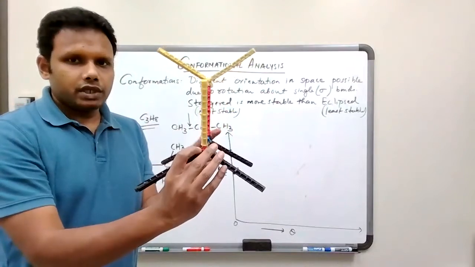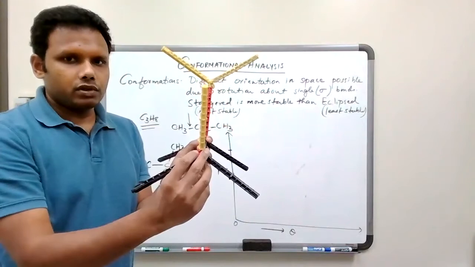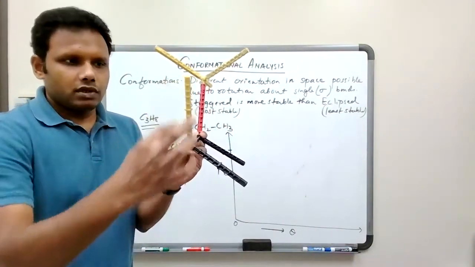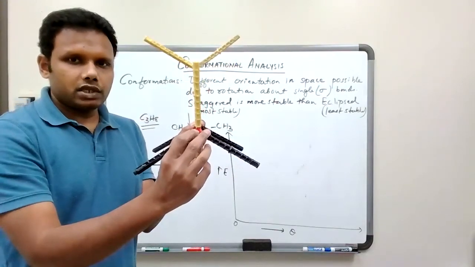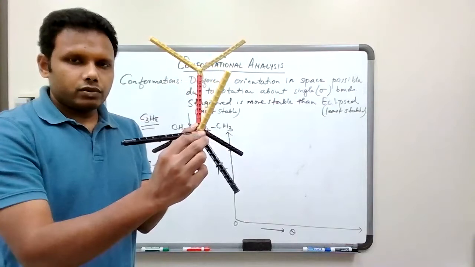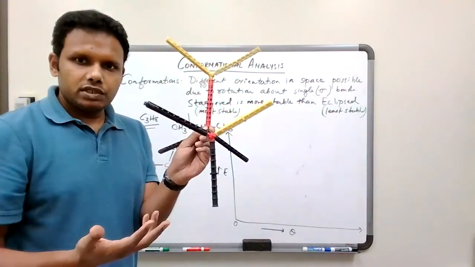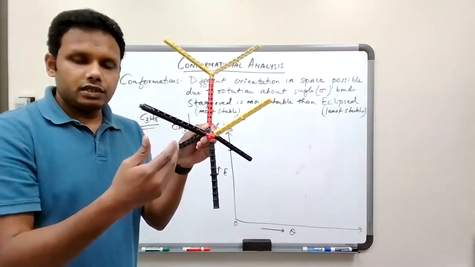Now, as we rotate, we're following the red carbon-carbon bond as a reference for this carbon-hydrogen bond in yellow. We start with the eclipsed conformation, and if we rotate, we go to a staggered conformation. This should be stable compared to the eclipsed.